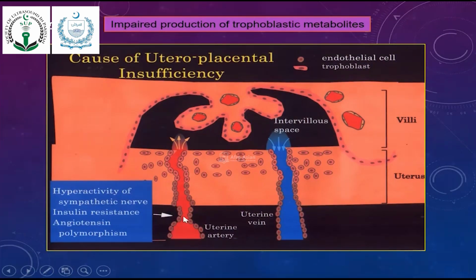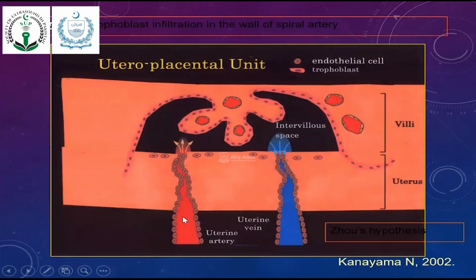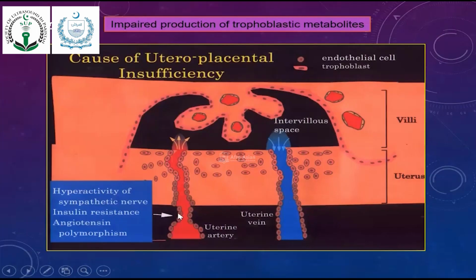The diameter is decreased. This is normal. Look at this area. Hyperactivity of sympathetic nerves affected this uterine artery, thus causing constriction, increasing the pressure here. That will result in uteroplacental insufficiency.